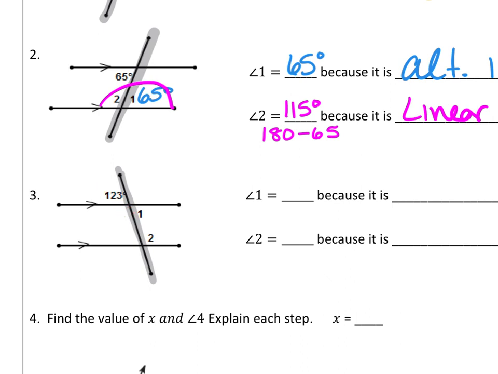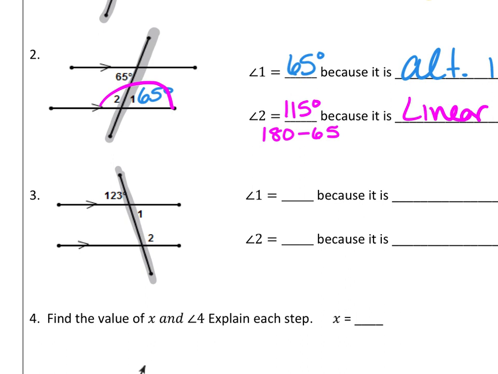Maybe look on your colored document. Look for something where the colors are the same across like this. No, that would be on the same line, the same side. We want across like this. Vertical angles, very good. That's my yellow stuff.